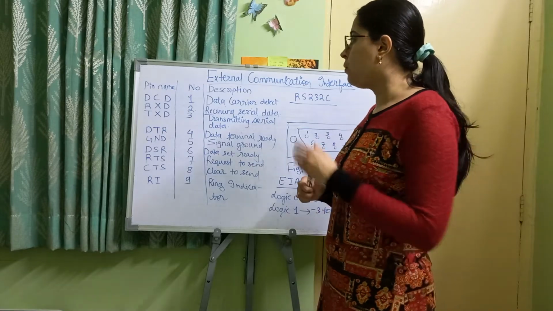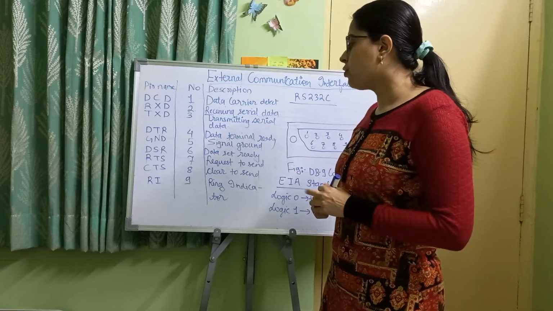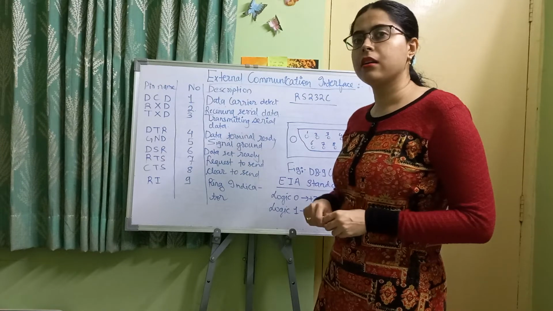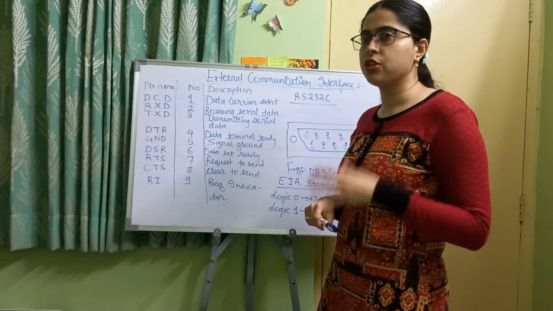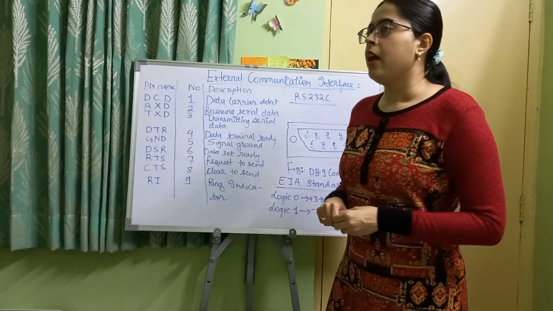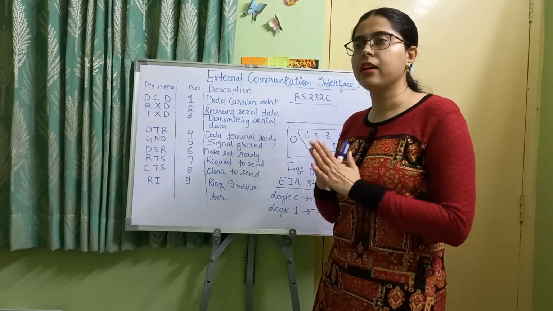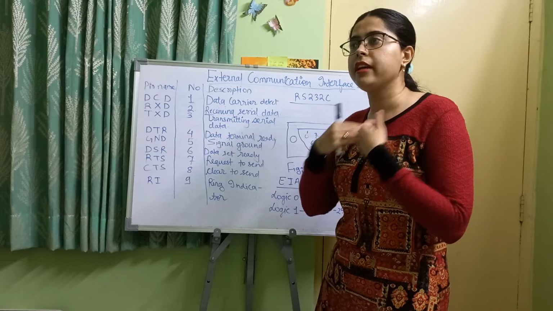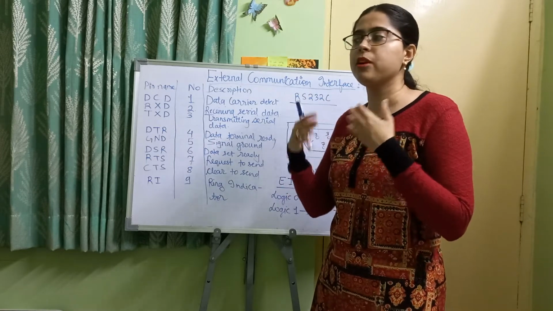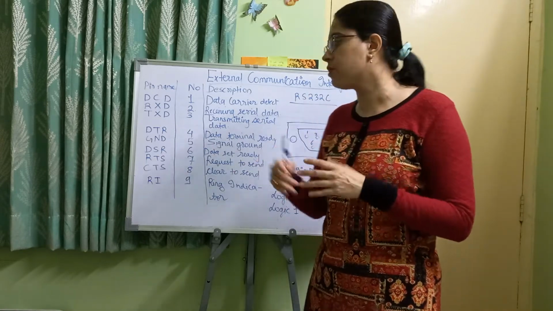Fine. Now, as I told, RTS and CTS are responsible for coordinating the communication. What is their role? Now see, as its name suggests, RTS, request to send, is activated when the data terminal equipment is ready to send the data. Data terminal equipment wants to send the data. It is ready to send the data.